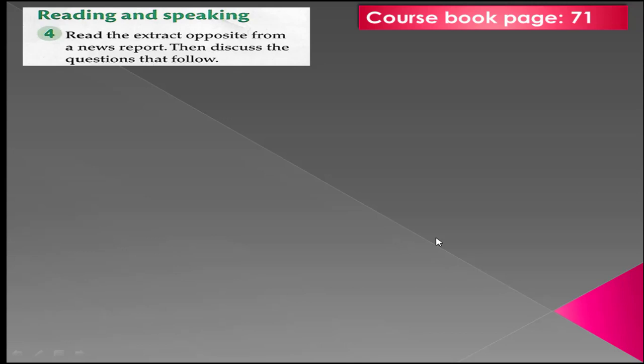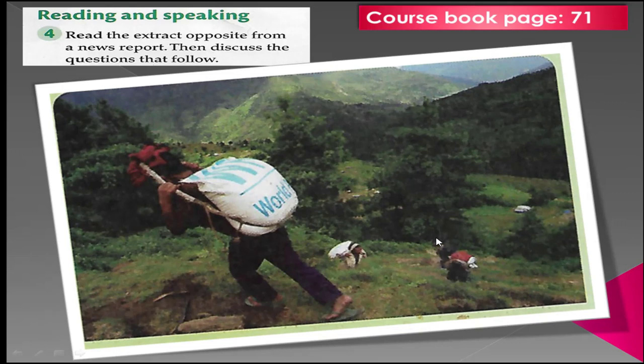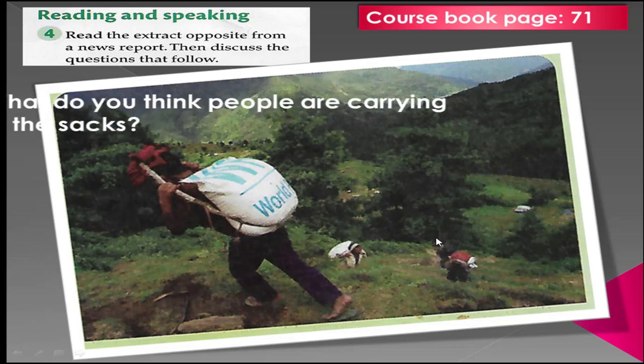In exercise number 4, we have a reading task. Read the extract opposite from a news report, then discuss the following question. But before we read the extract, let's go to the picture. Look at the man and the people in this picture.